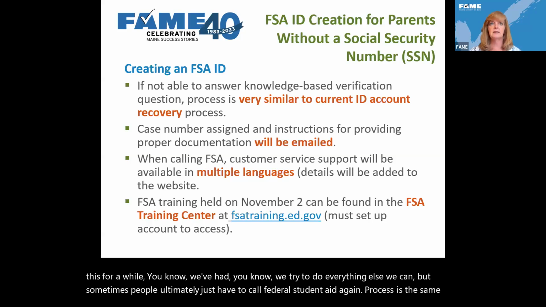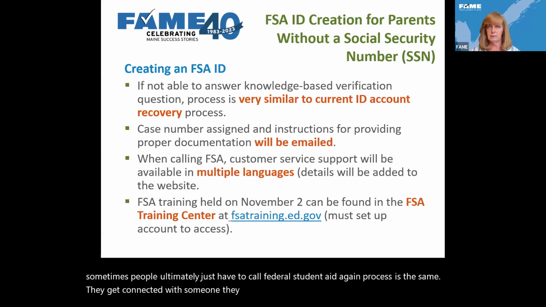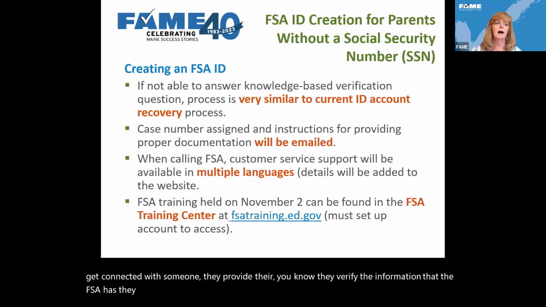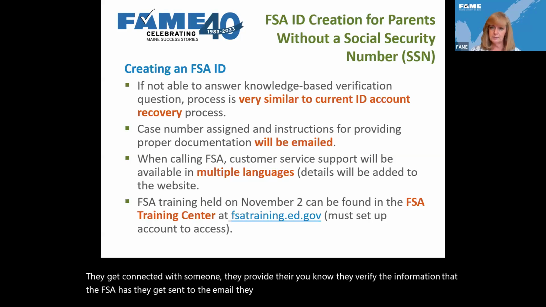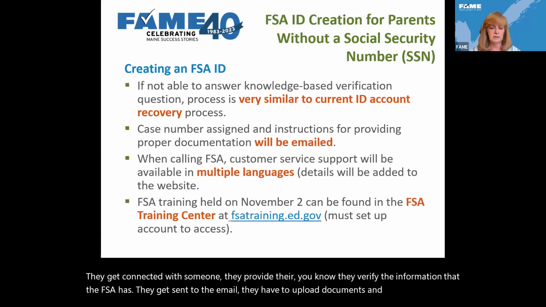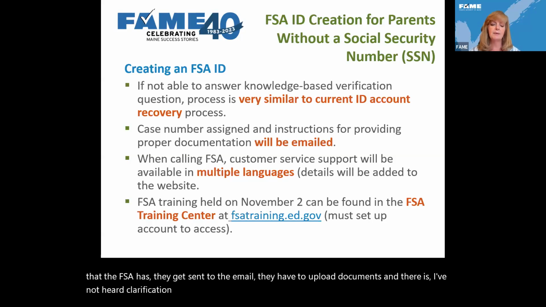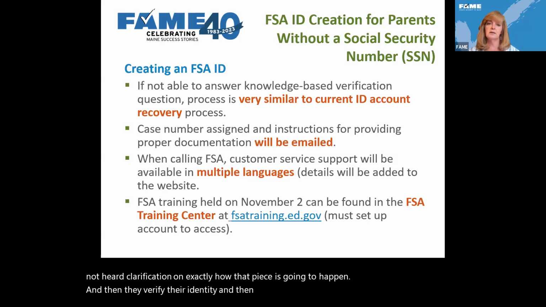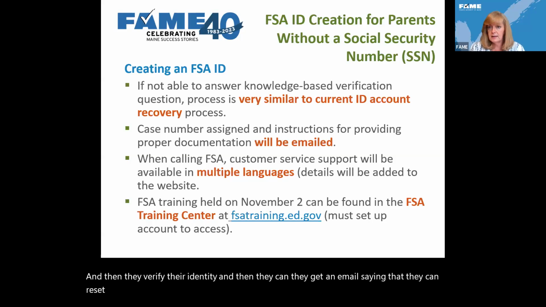They get connected with someone, they verify the information that FSA has, they get sent an email, they have to upload documents, and I've not heard clarification on exactly how that piece is going to happen. And then they verify their identity, and then they get an email saying that they can reset their password and their FSA ID is ready to go. So it sounds like it's a very similar process.